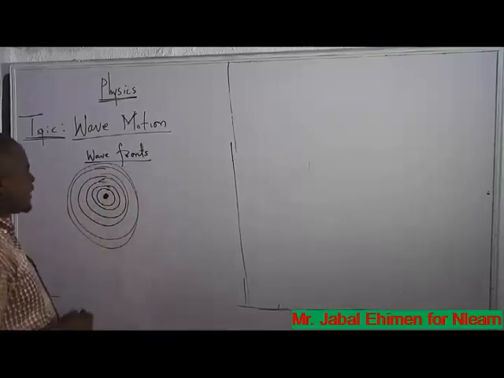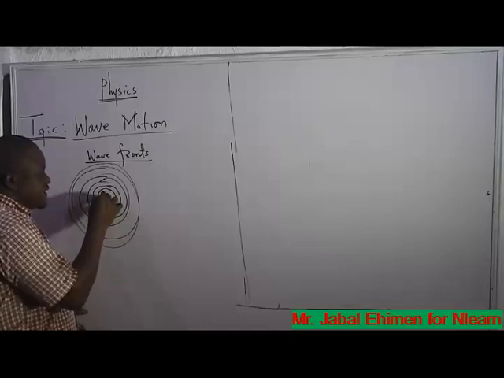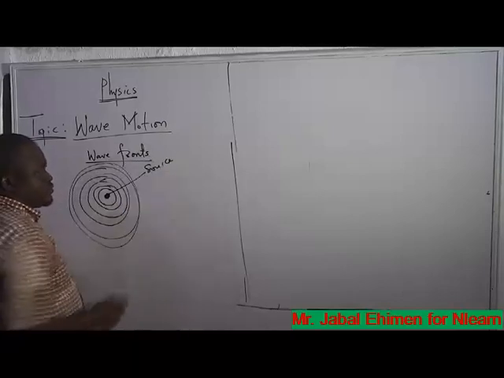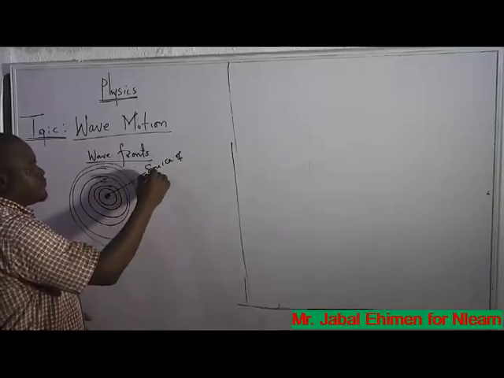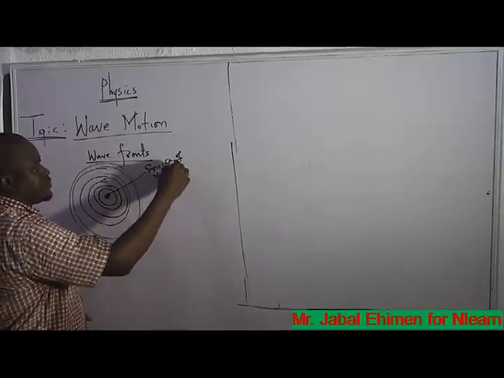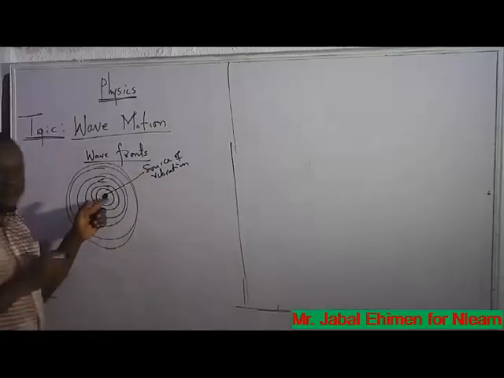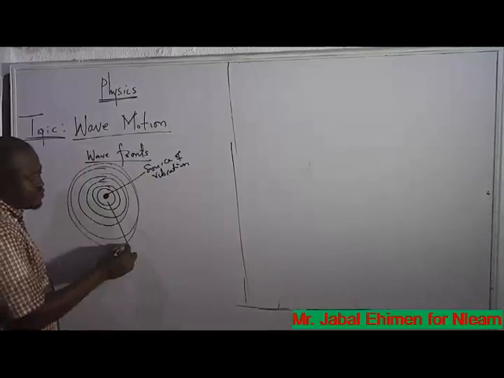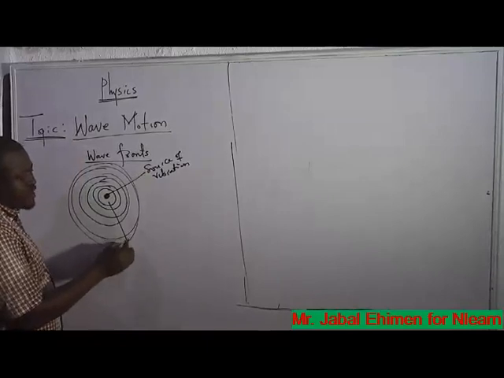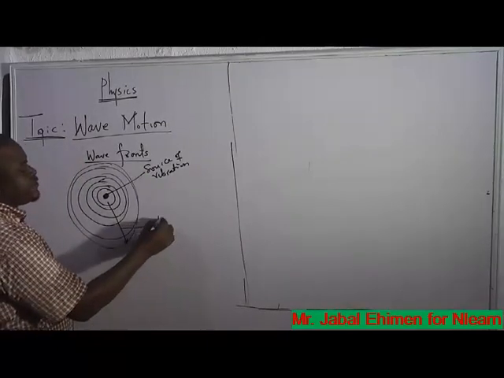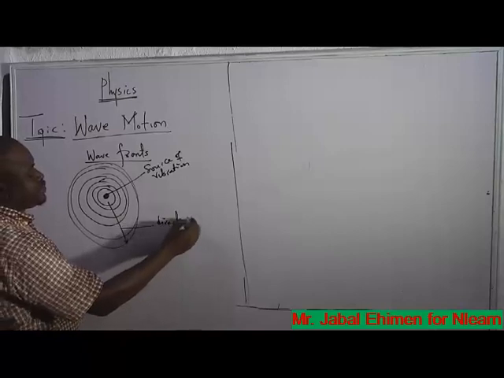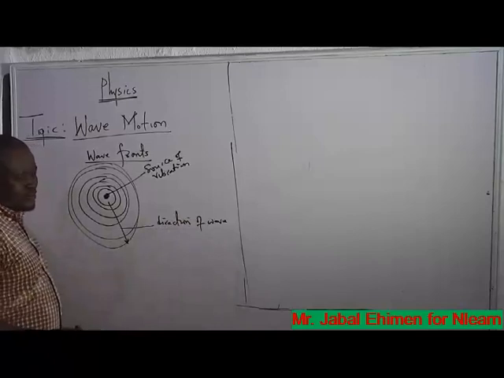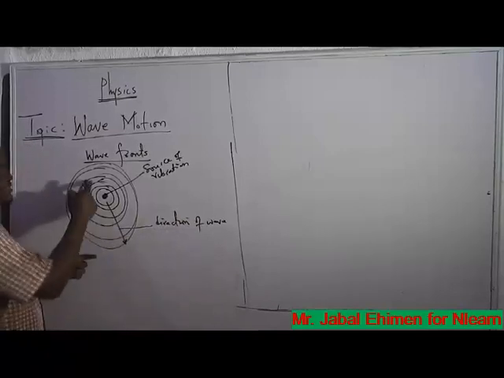You observe that this thing here is the source of vibration, because this is the thing causing the vibration, that thing I drop inside the water. This arrow shows the direction of the wave.